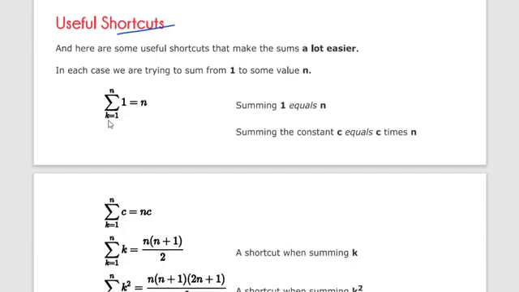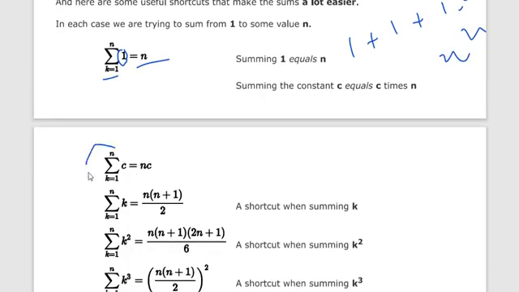There are also shortcuts for the sigma properties. If we want the sum for k equal to 1 to n of 1, it is a constant, so the answer is n: 1 plus 1 plus 1 up to n times, so its addition is n. Now if it is c, what will we get?